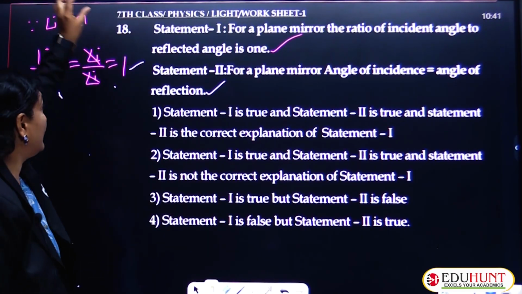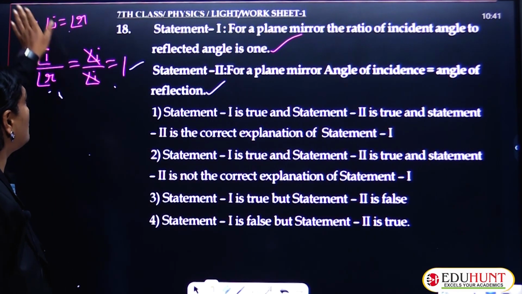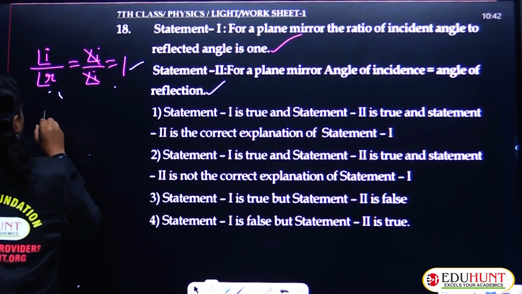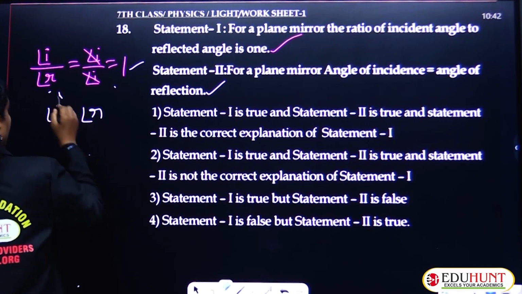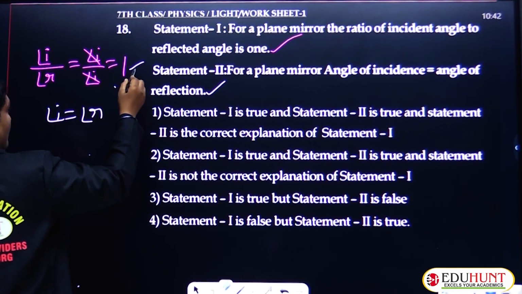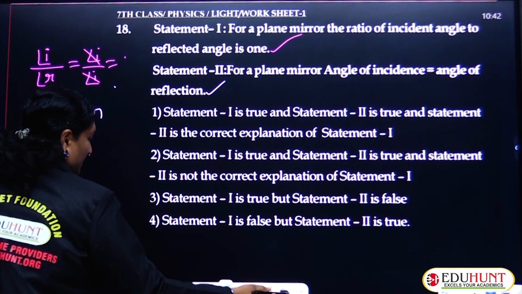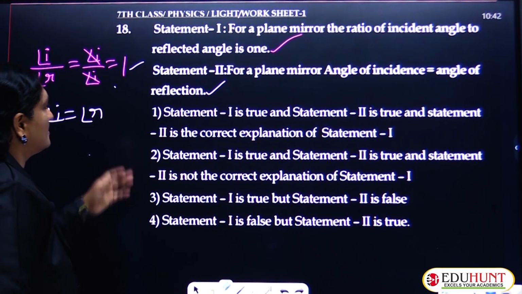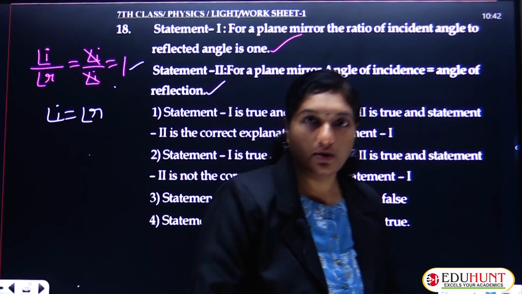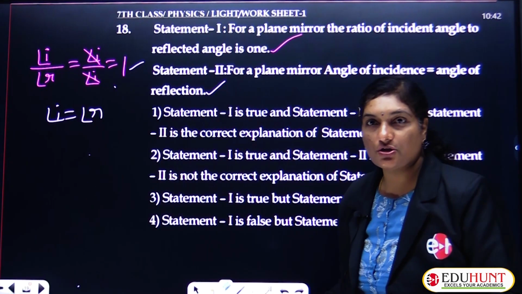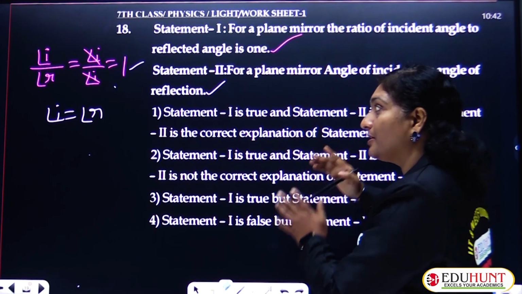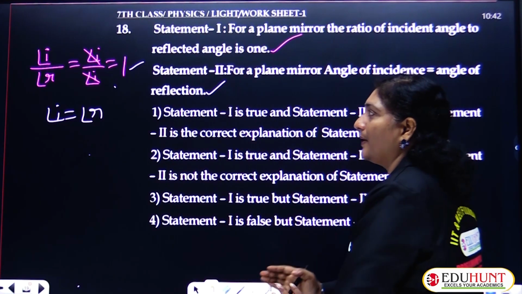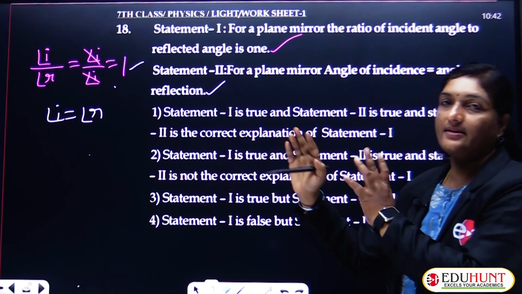By taking the second statement into consideration only, we are able to solve for the first statement. Hence statement 1 is true, statement 2 is also true, and it is very clear from the given data that statement 2 clearly explains the statement 1.